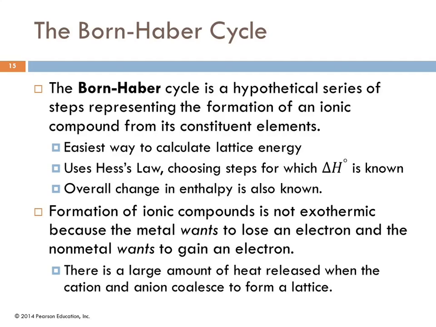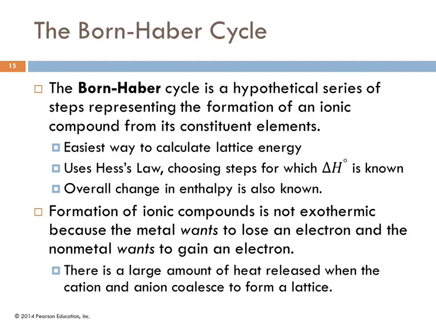And so the easiest way to calculate a lattice energy is the Born-Haber cycle. And this is just a theoretical series of steps representing the formation of ionic compounds from their constituent elements. And this is the same idea as Hess's law.